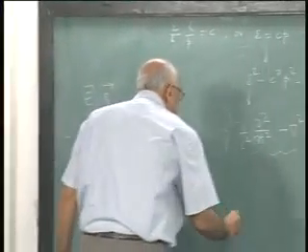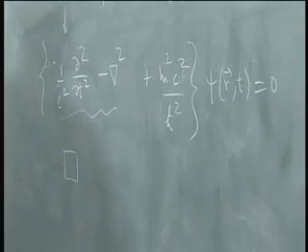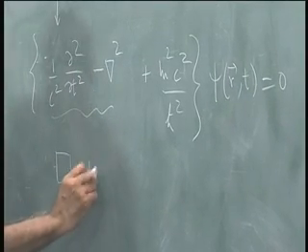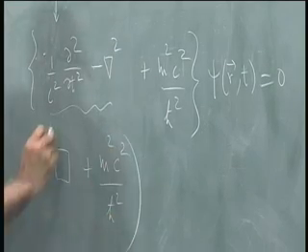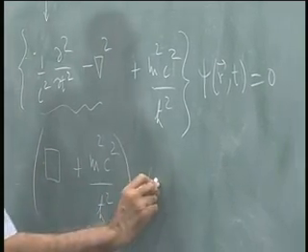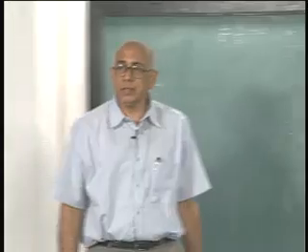This has a name, it is the D'Alembertian or the box operator. Box plus m² c² over ħ² acting on psi of r comma t equal to 0 would be the equation for a particle described by a single scalar wave function psi of r comma t.